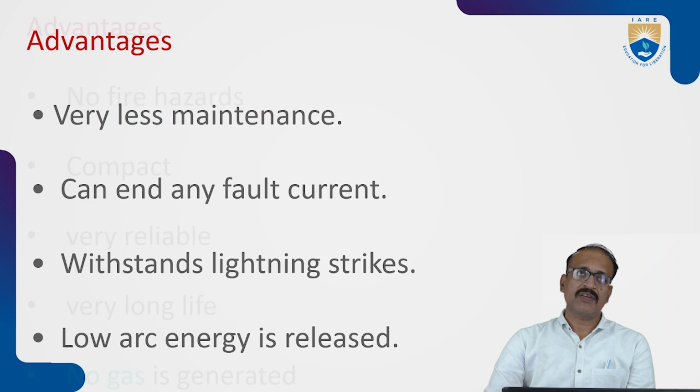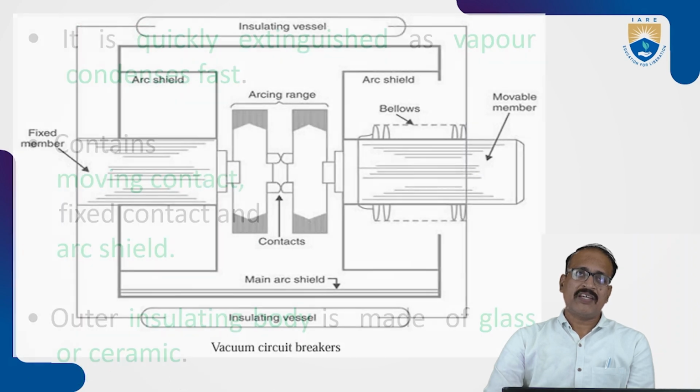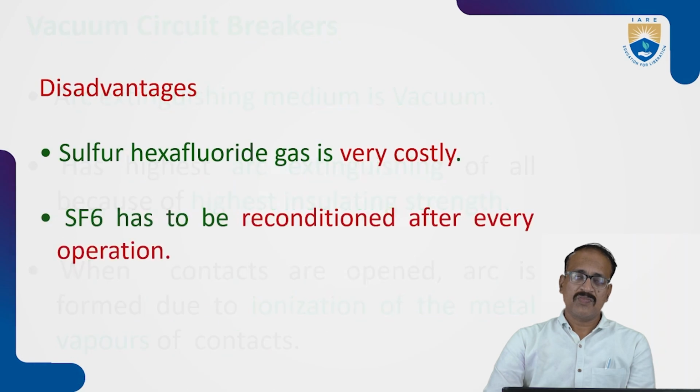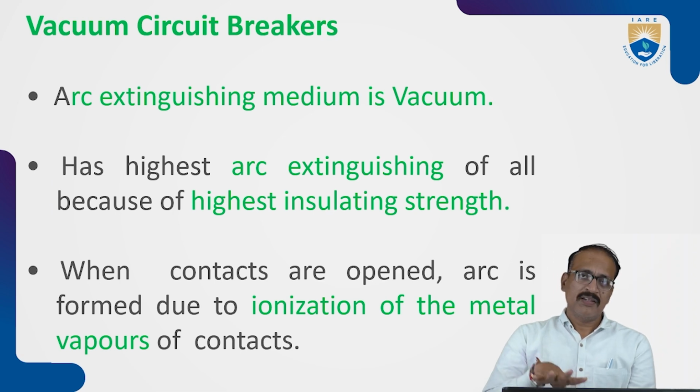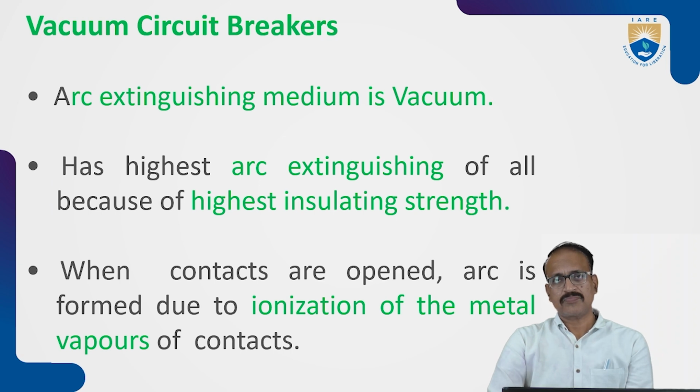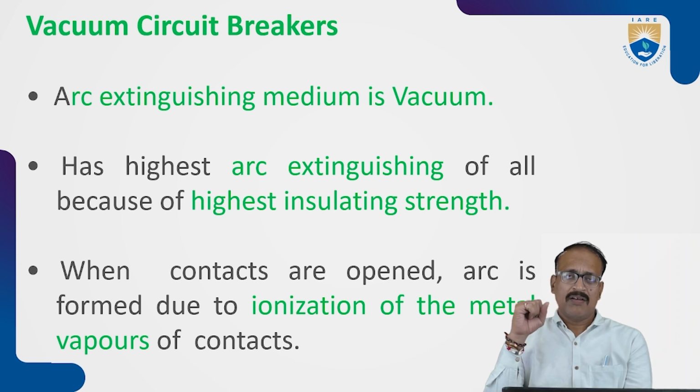So today we have seen about the vacuum circuit breaker. It is the best possibility as of today to minimize the restriking of the arc or to extinguish the arc as quickly as possible.